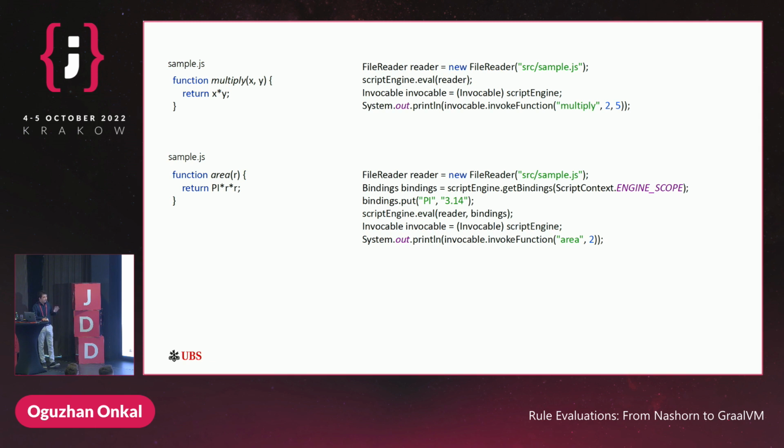But that part is a bit more complicated, and in real applications, my personal preference is not to do things like that, because then it may cause some issues when we actually need to migrate these Nashorn applications to GraalVM JS. But we will come to that in a bit.